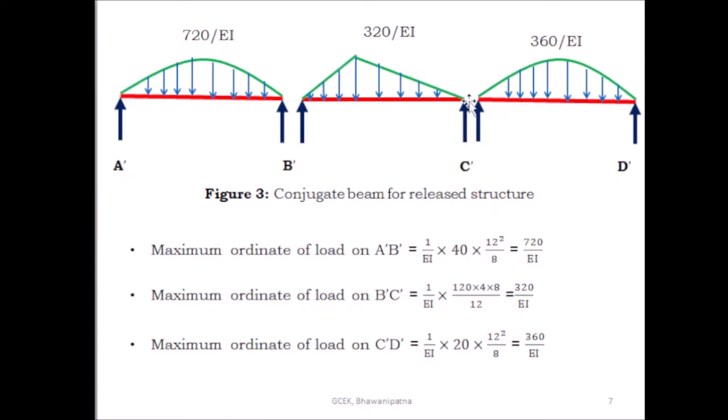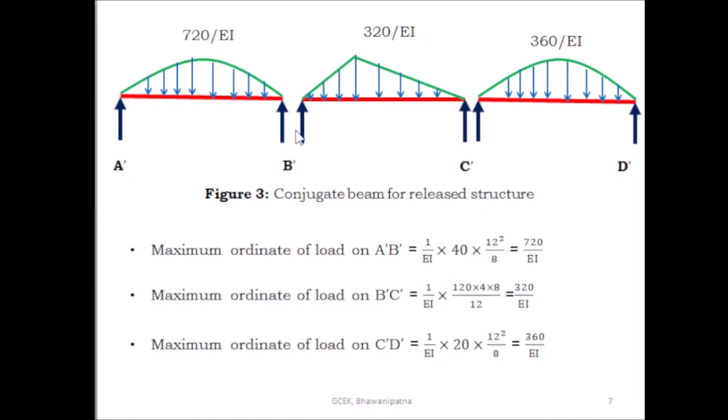Then from this span you have to find out what is the reaction here. Because this is the eccentrical loading, if the area is symmetrical, in that case half of the area is shared by each reaction component, but this is eccentrical. So, here you have to take the moment about B dash, and you have to find out what is the reaction here.